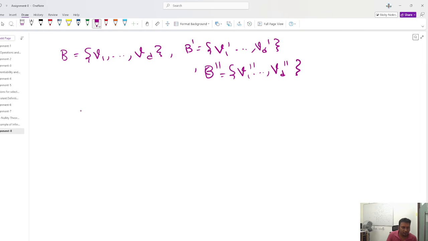Now you can express these Vi in terms of these Vi primes in this fashion, where K is from 1 to D. I can name indices in scalars as I want, so I want to name them like this. Of course Vk will vary.